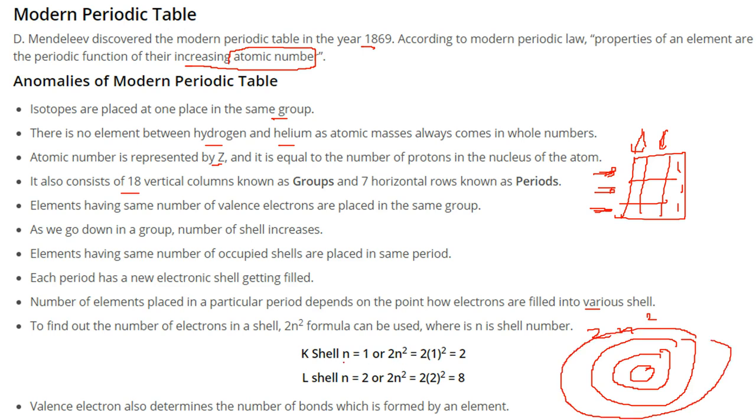The K shell has n equal to 1, so 2n square, 2 into 1 square, is 2. This has 2, this has 8. How do we get this 8? 2 into 2 square, that is 8. The valence electrons in the outermost orbit determine the number of bonds formed by that element.